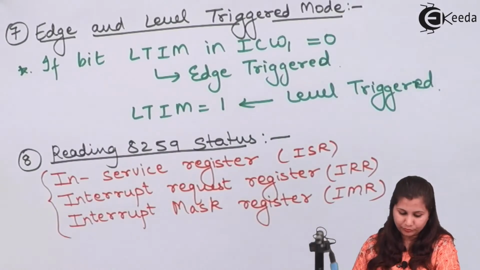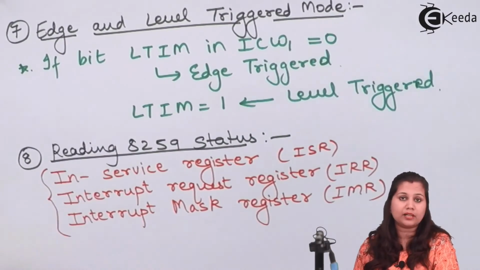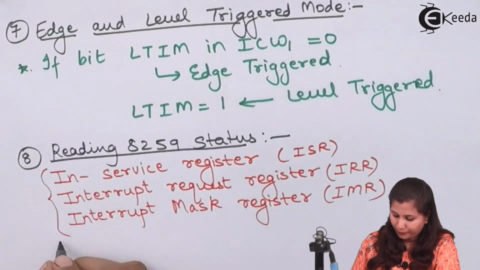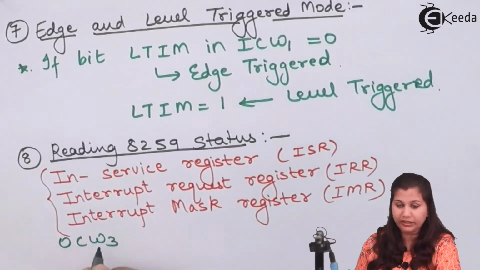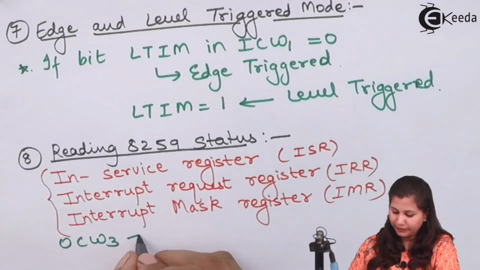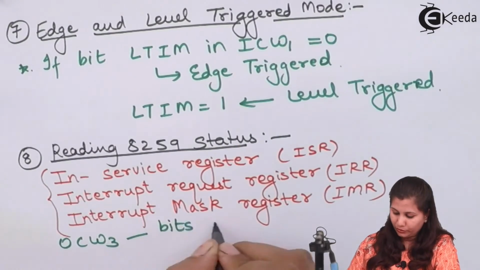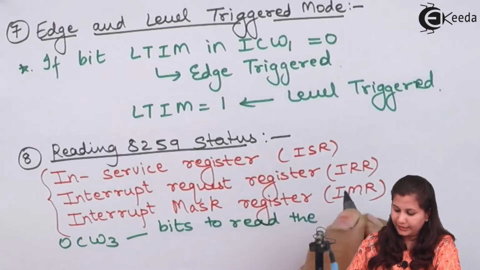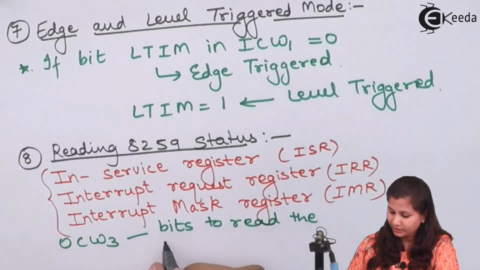Okay, now how can these registers be read? We have the operational command word 3. In this operational command word 3, we have the bits to read the IRR and ISR registers.